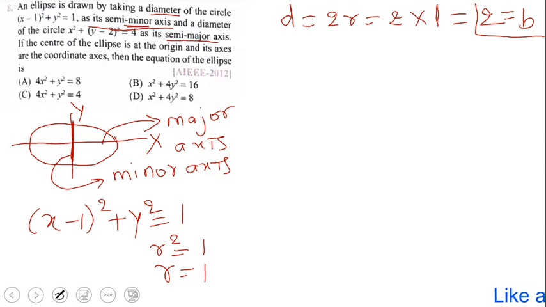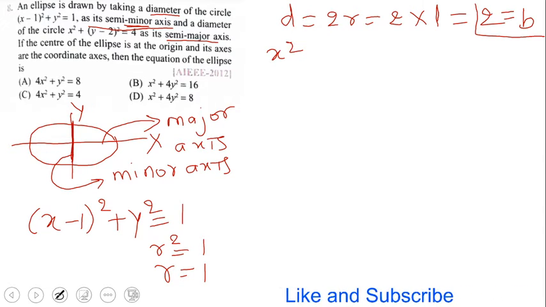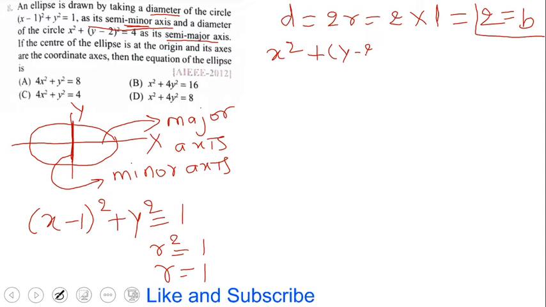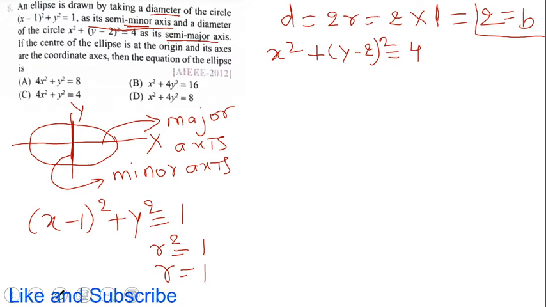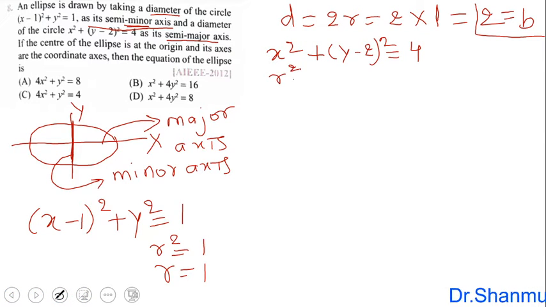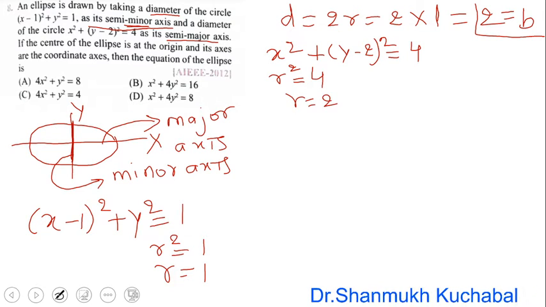For that I am going to use the second equation of a circle here. That equation is x square plus y minus 2 whole square equal to 4. So we observe that r square equal to 4, so we get r equal to 2 here.